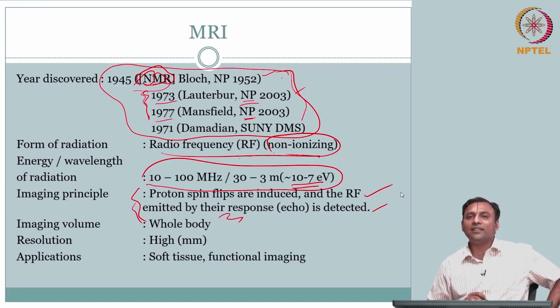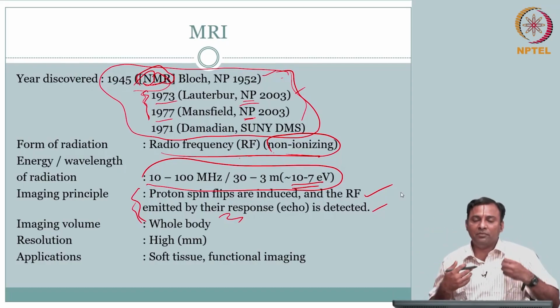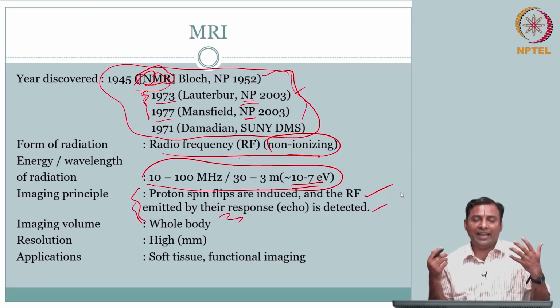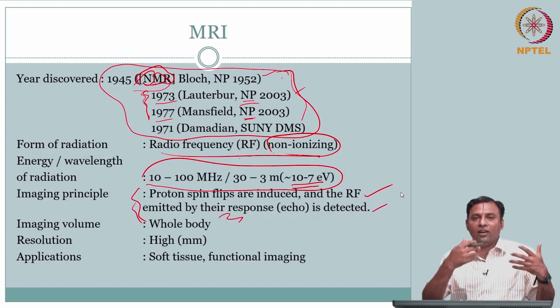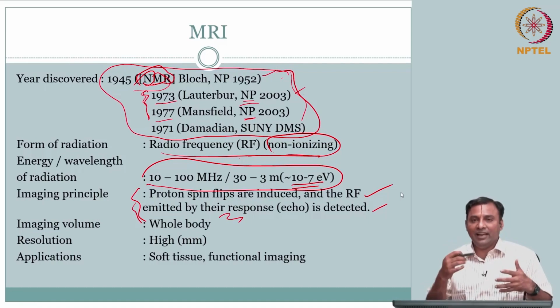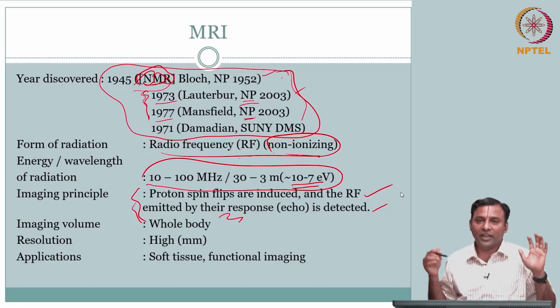Let's say for the moment, there is an atom, so we all are made of material, and there are a lot of hydrogen atoms in our body, and hydrogen atoms have their own spin characteristic. So essentially what we are interested in is understanding where all the hydrogen is, right? Hydrogen density, proton density, and how do I exploit the spin property to say how many protons are there in which location.